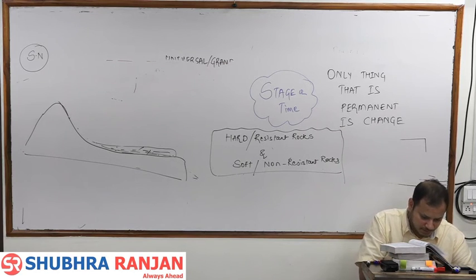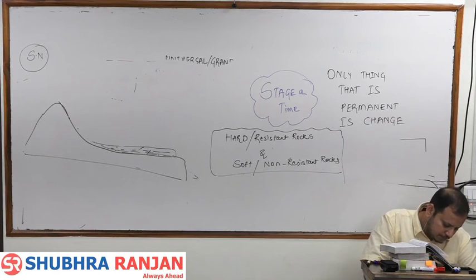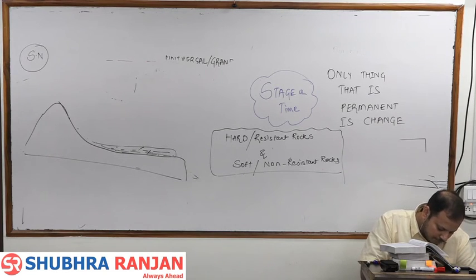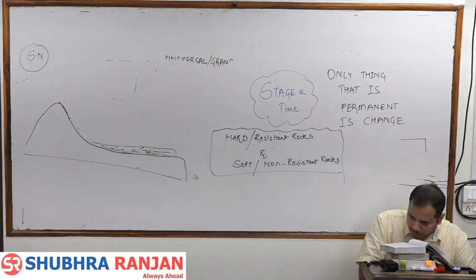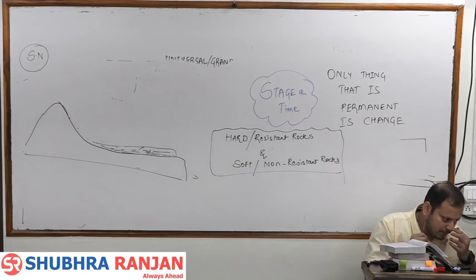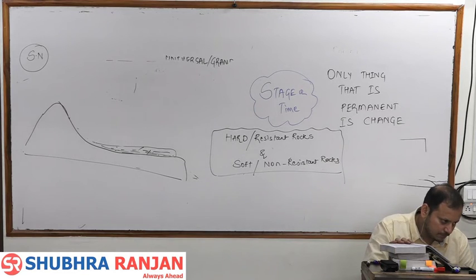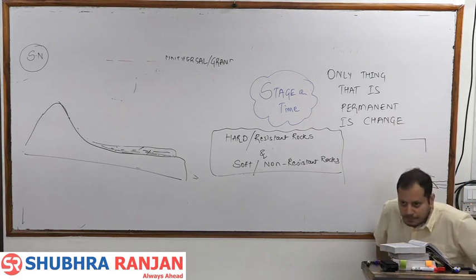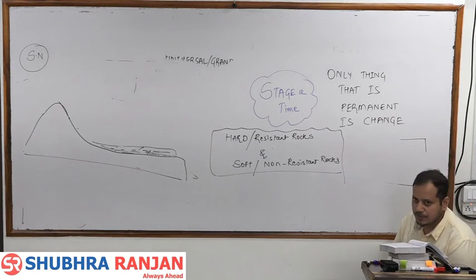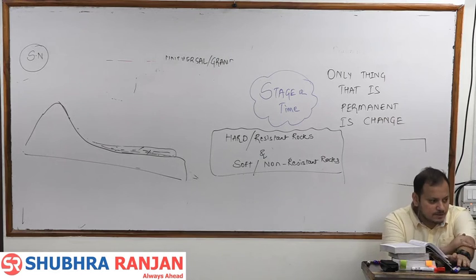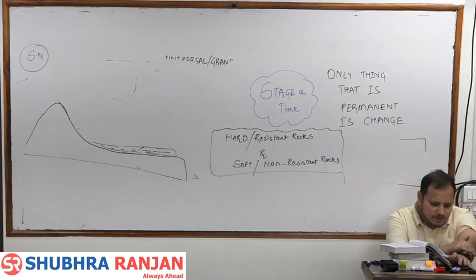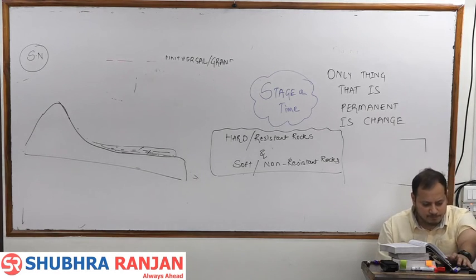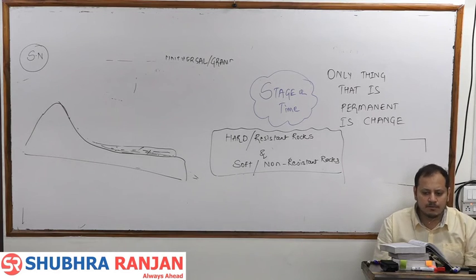In a sense that the resistant rock will be weathered very slowly, while a soft rock, don't write non-resistant, while a soft rock will be weathered or eroded quickly.